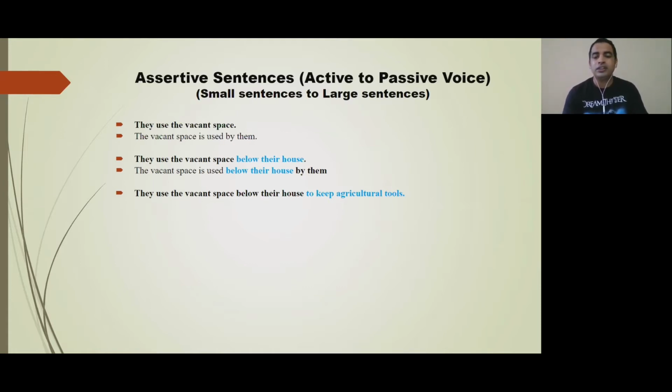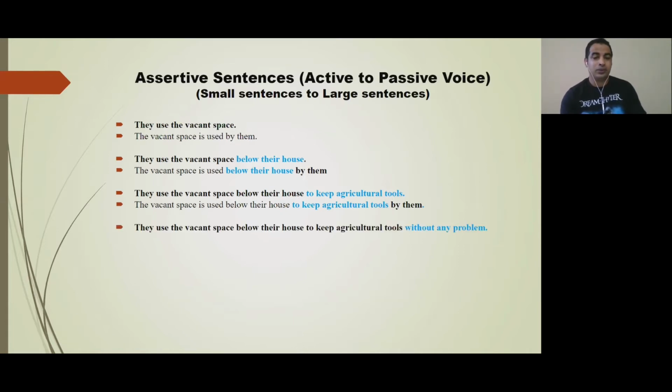No, never, because your voice identification is final: you have already identified the subject, "use" the verb, and "the vacant space" the object. So don't worry about the extension. The answer is: the vacant space is used below their house to keep agricultural tools by them. Again, "to keep agricultural tools" takes place before "by."